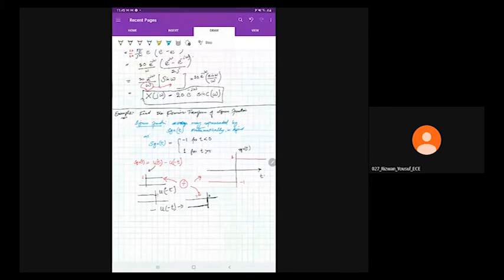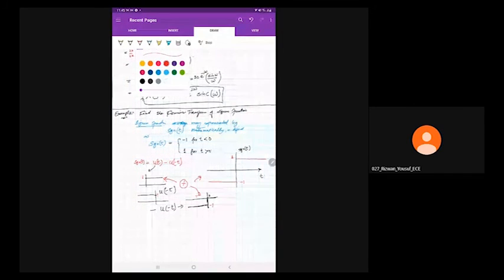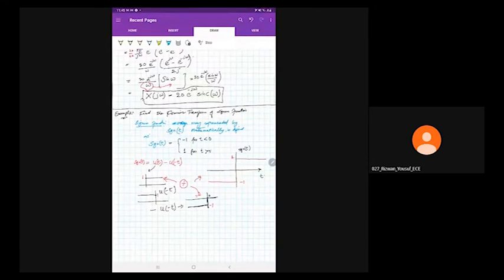This is a unit step function with -1 amplitude. So you have a -1 here. So minus ut means -1 times ut. तो जब इन दोनों को कंबाइन करेंगे, we will obtain a signum function.